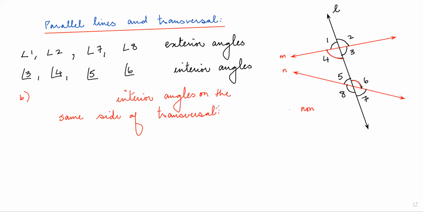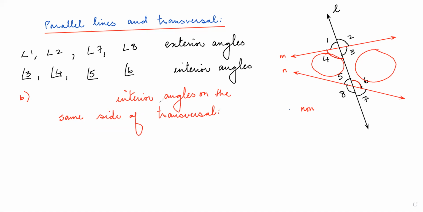What did I say? Interior angles on the same side of the transversal. So students, this is one side of the transversal and this is the other side of the transversal and these two sides are interior sides. Am I right?